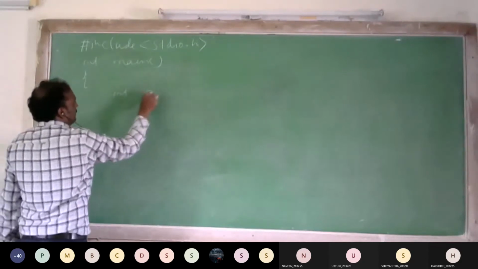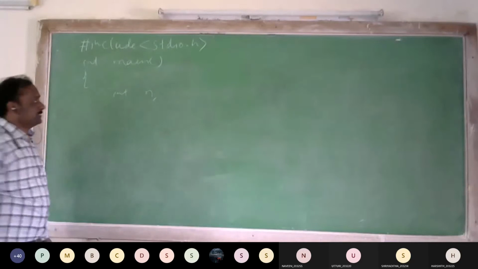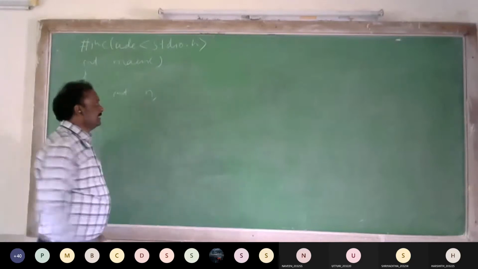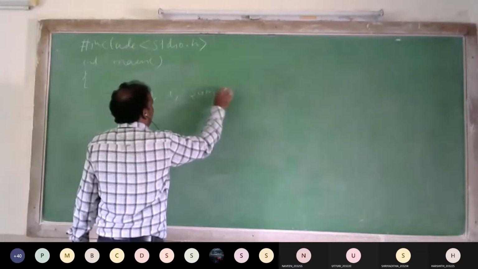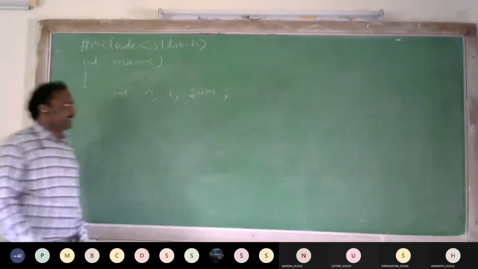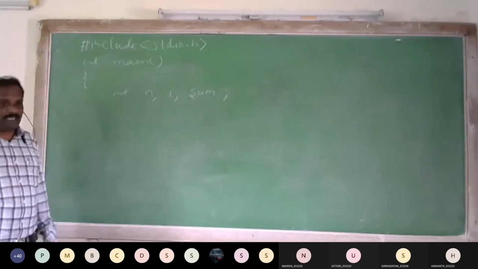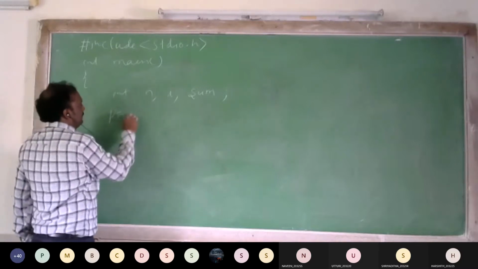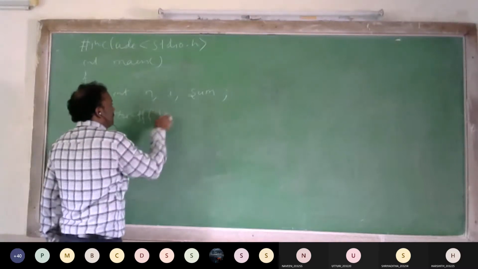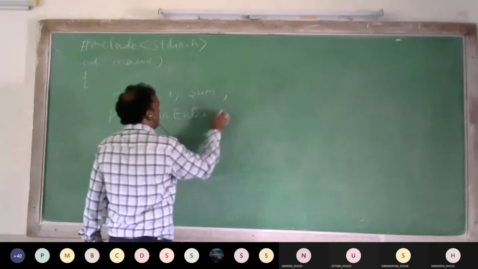We require n, the first n natural numbers. We require I, up to n. And we are finding the sum. These three are the variable names.